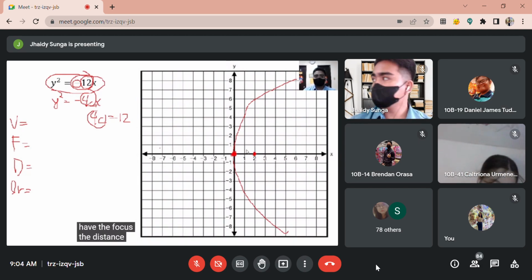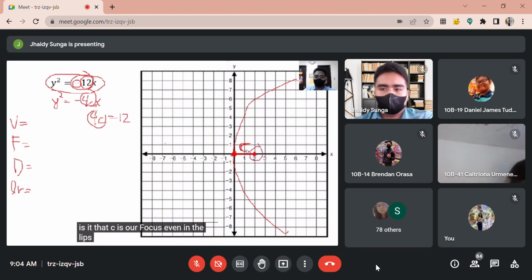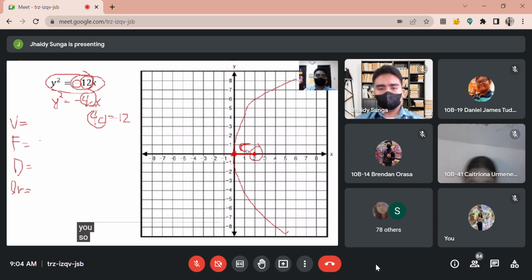The distance between the vertex and the focus is the distance of c. It is the distance from the vertex to your focus. It is the value of c.